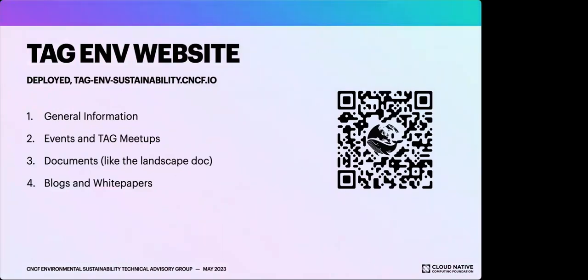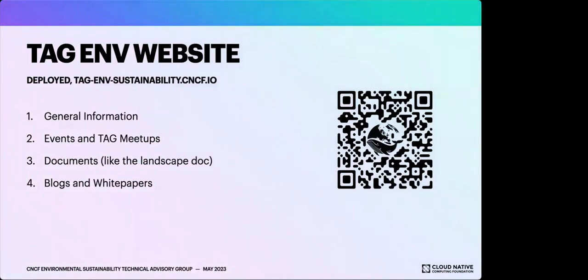Then we already shared the website. So the website just lists some general information about the TAG itself. It also lists the events and meetups. So for example, for KubeCon, and I think also for the Open Source Summit, we shared some links to the talks that are relevant for our field, maybe about energy, calculating the energy consumption of your IT resources or something similar.